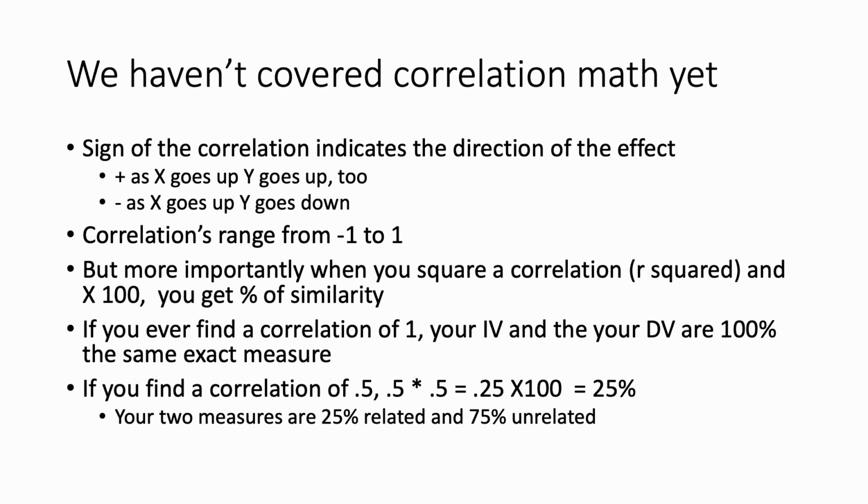Your two measures are 25% related and I guess 75% unrelated. That's pretty simple. It's not a massively complicated measure. The sign says the basic direction, and squaring it tells you the percentage similarity or relationship among the two variables. That is my review. If something doesn't make sense, ask me a question.